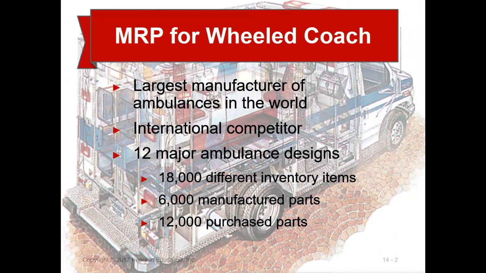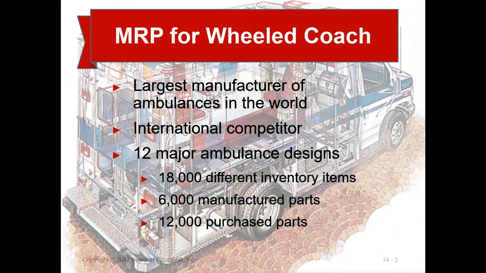The customers can make their own choices to decide what they want in terms of internal components. The overall parts or items they need is 18,000 items for the ambulance.